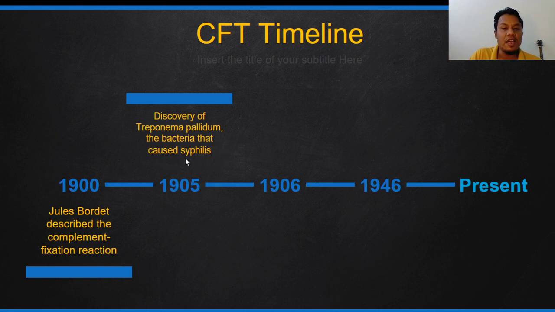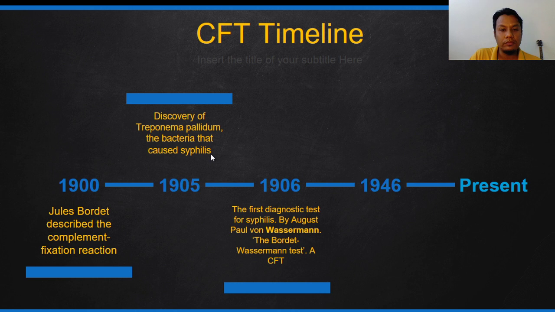Syphilis is a type of sexually transmitted disease. One year later, the first diagnostic test for syphilis was developed by August Paul von Wassermann, hence the name of the test, the Wassermann test. This is a type of CFT.